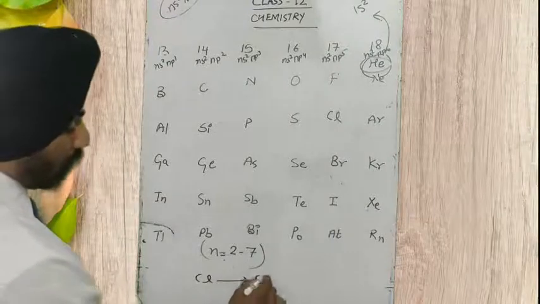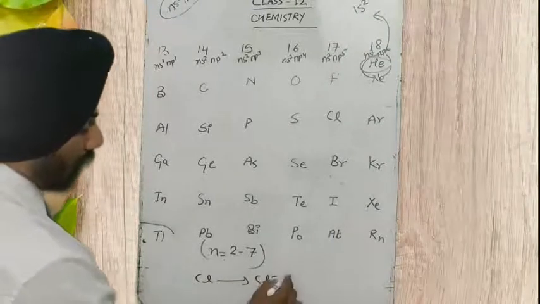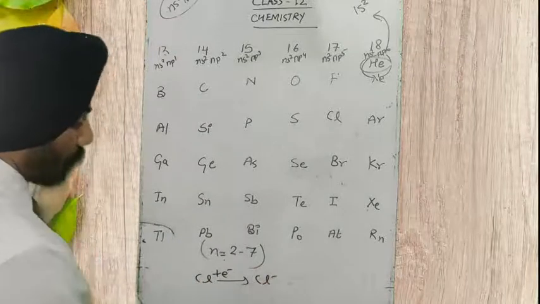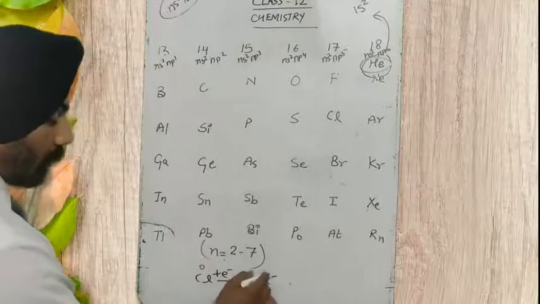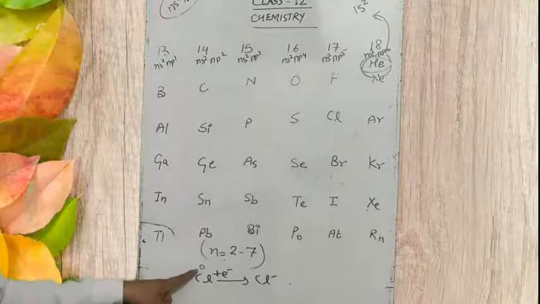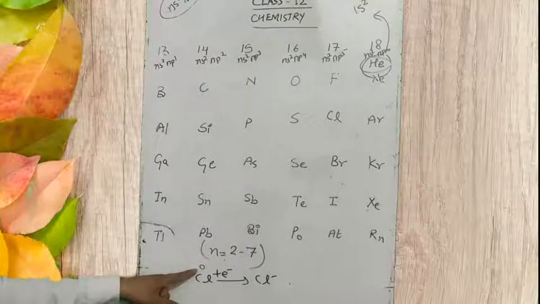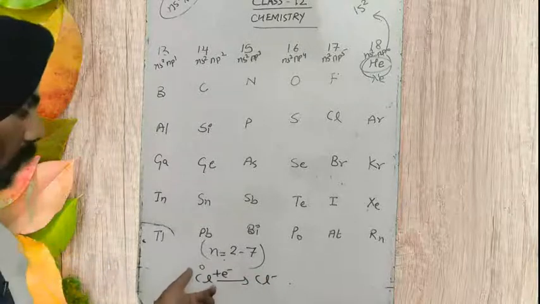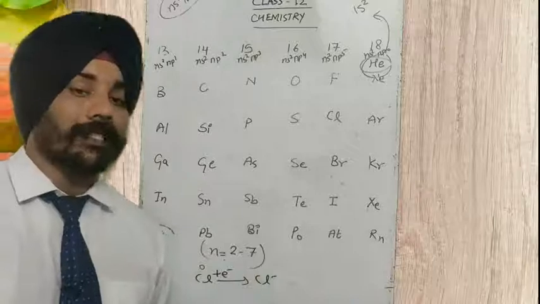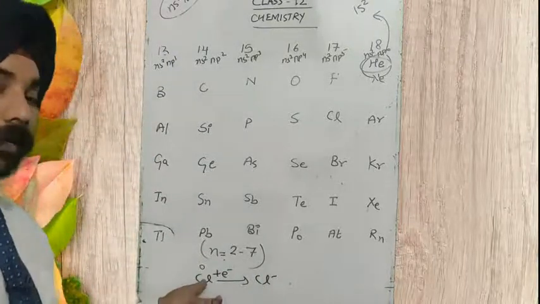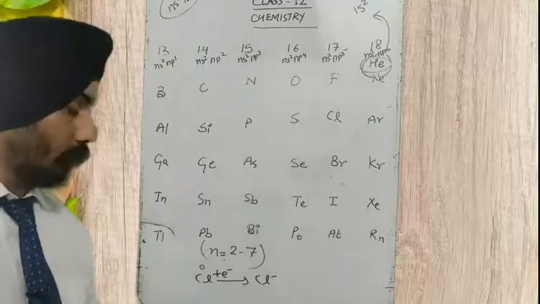Chlorine is converted into chloride ion by adding one electron. In this reaction, the oxidation state of chlorine was 0, and now it becomes -1. Now chlorine's oxidation state is decreasing. Here we can say that chlorine is going to be reduced.